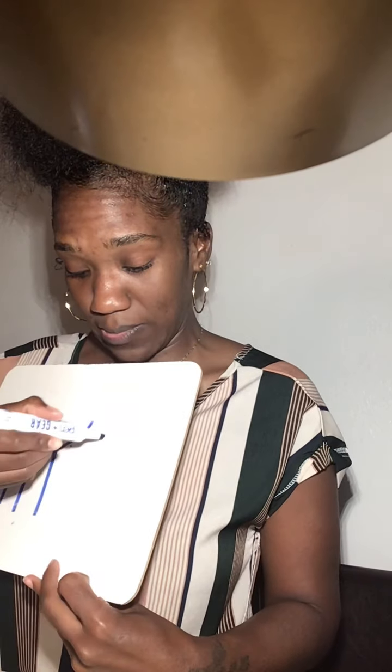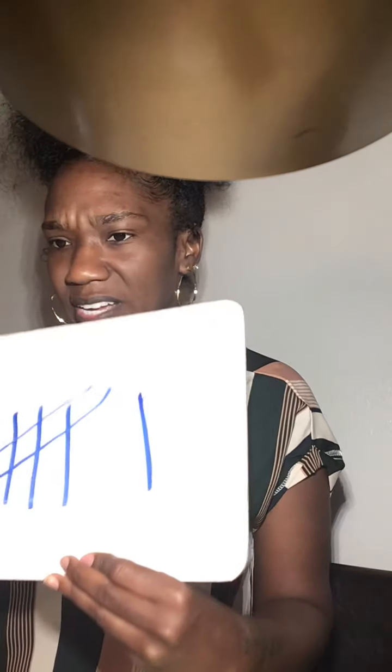And now I want to add Mr. McKinney. Can anybody tell me where I need to put Mr. McKinney? Where do you think I'm going to put Mr. McKinney as a tally mark? Zoe? On the side. Very good. Yes, Mr. McKinney goes here because this is a new group of 5. Would I just cross Mr. McKinney over here?